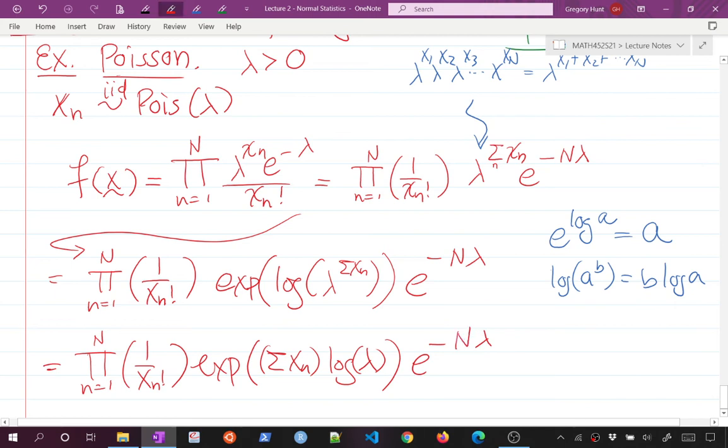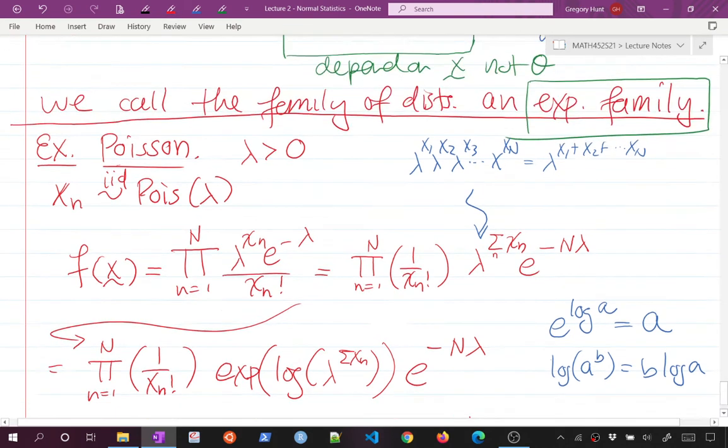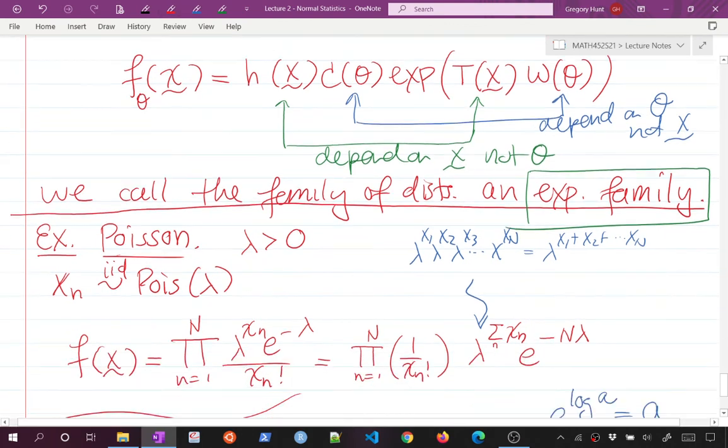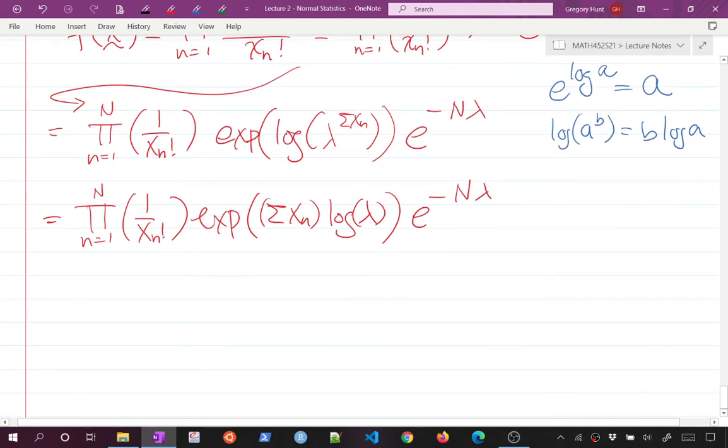My claim is that this family of distributions is an exponential family. What I have to do to prove that is find h, c, t, and w. And I've tried to basically put it in a form where I can do that. Let us call this thing h.